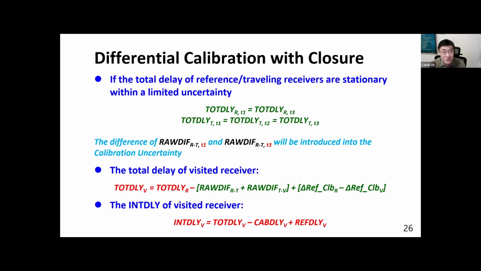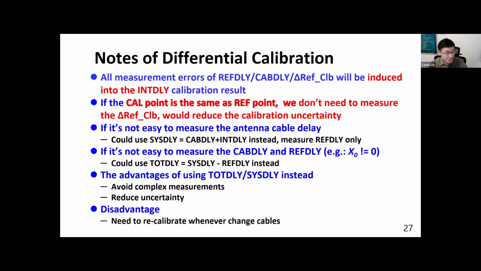Once we get the total delay of the visited receiver, the internal delay of the visited receiver equals the total delay minus the cable delay plus the reference delay.